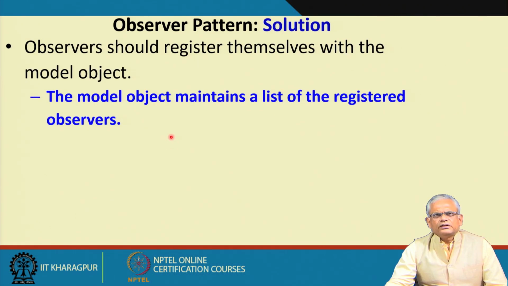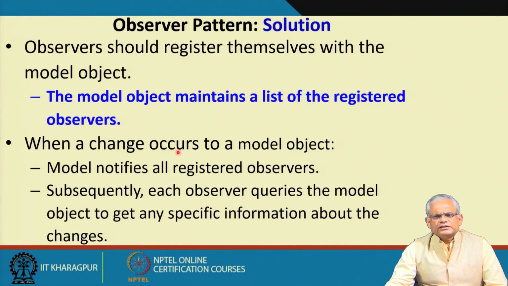The solution offered here is that the observers request the observable to register them, the observable stores the reference to the observer during the registration, and when there is a change to the model it notifies all the registered observers. But then it just notifies that there is a change, and different observers might be interested in different aspects of the change.